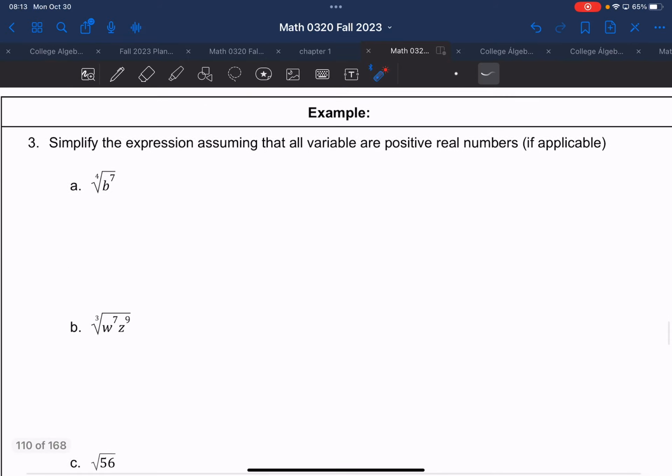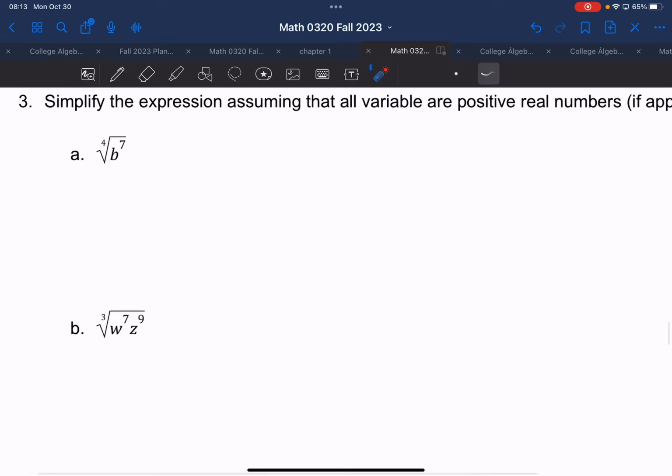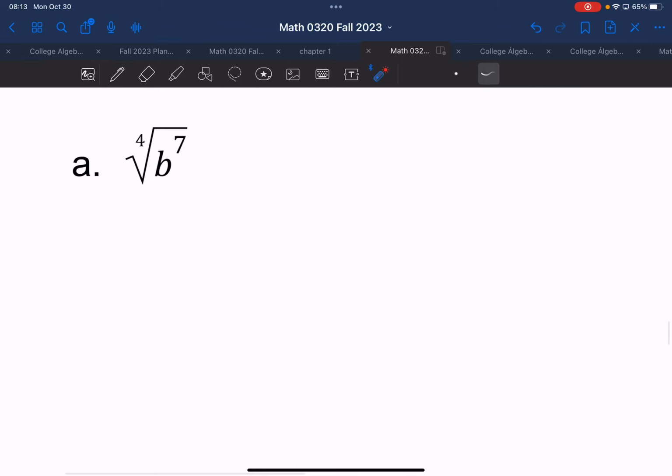We're going to be reducing each of the radicals, and we're assuming that all the variables are positive real numbers, so none of them are negative. Okay. So notice on part A, instead of the square root, we have the 4th root. Okay. There's several ways to go about this. I'm going to show you 2 different ways, and you're going to choose whichever method works for you.